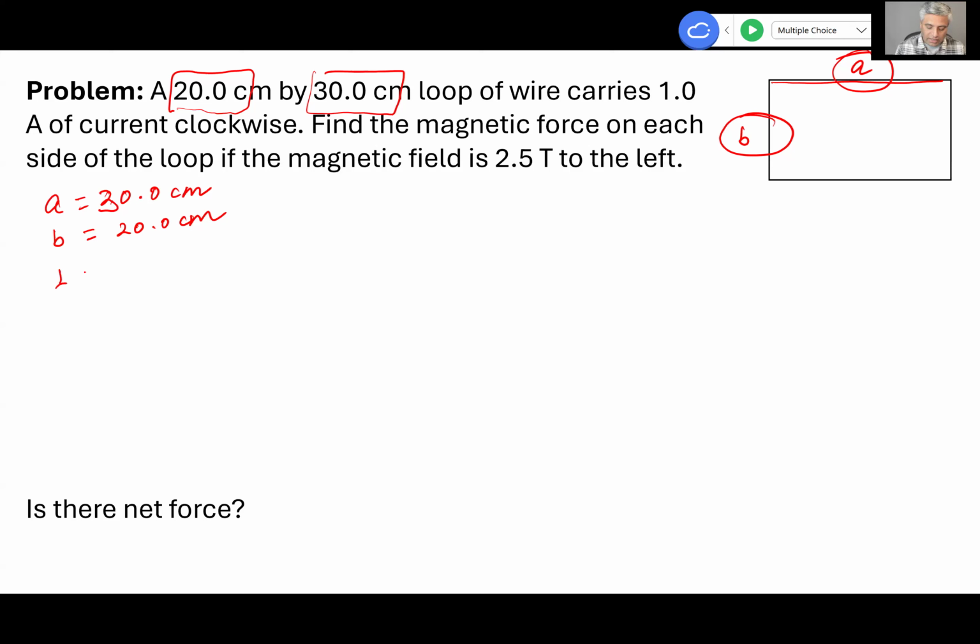And the current is exactly 1 ampere. And it goes clockwise, means circulating like that, okay?